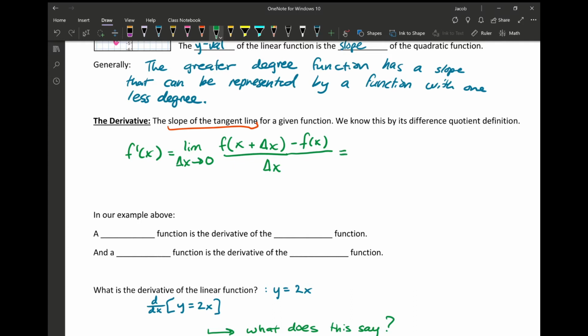Now there's a few different ways to represent the derivative, but here we're going to use this thing called the derivative operator on any function f of x. So this is our derivative operator. It's saying you are using the derivative operation to find the slope of the tangent line.